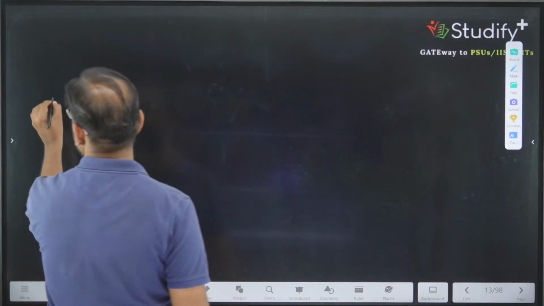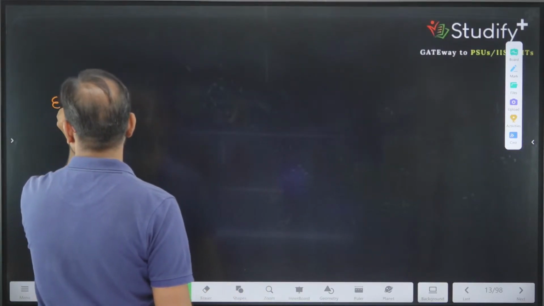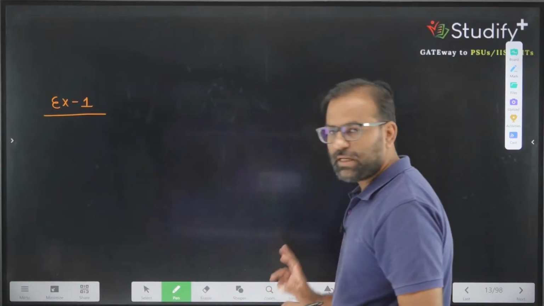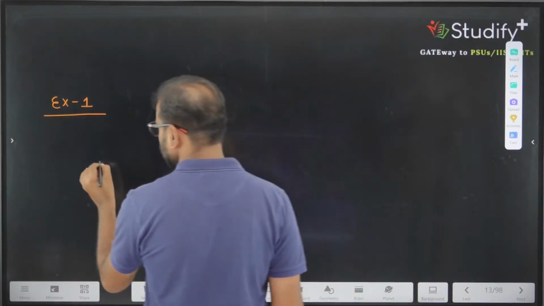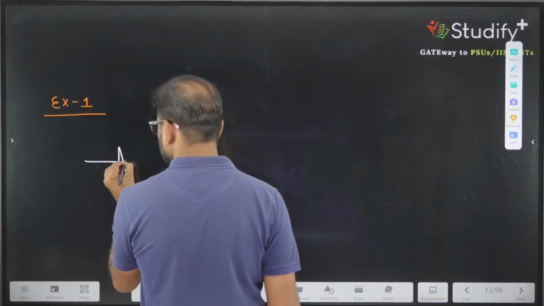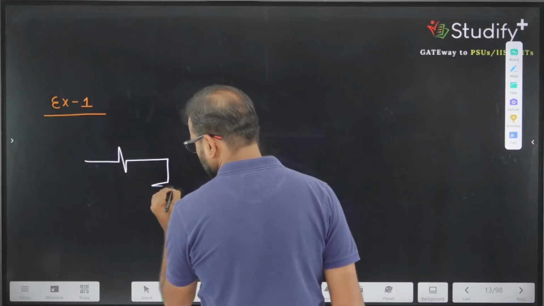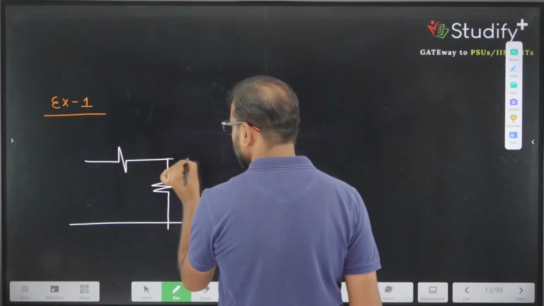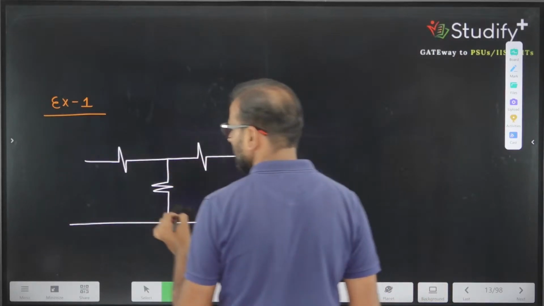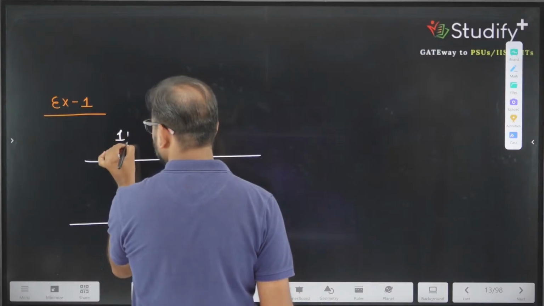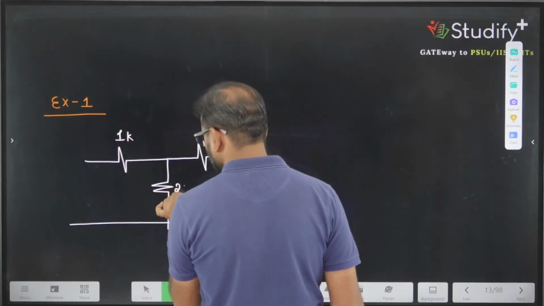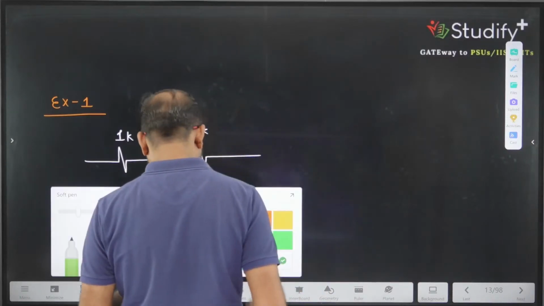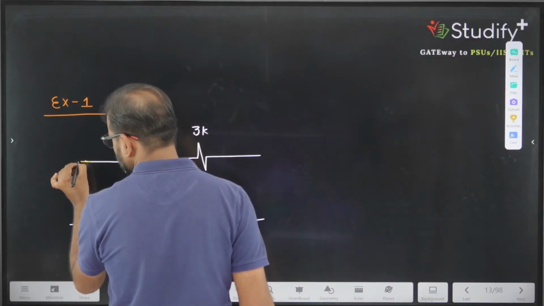Example number 1. Let's say you are having this network, a T network. This is 1 kilo, 2 kilo, and 3 kilo.